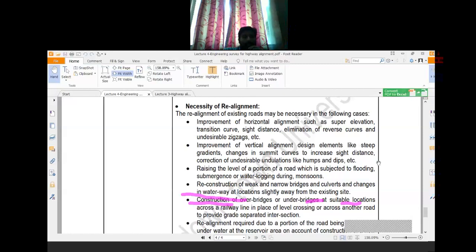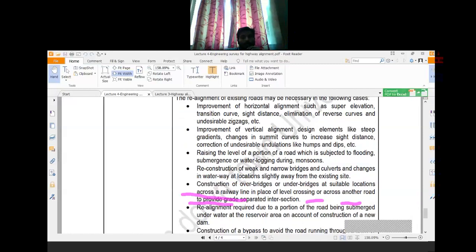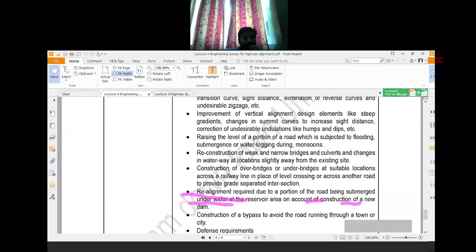Then reconstruction of deep and narrow bridges and culverts and changing water wheels. If you go for the reconstruction of the bridges, in that case also you need realignment. Then construction of overbridges and underbridges. If overbridges and underbridges are required, in that case also realignment is needed.